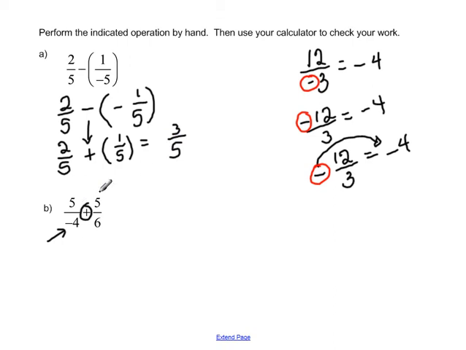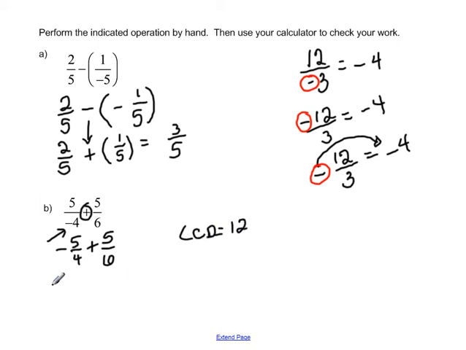Now we're going to do the same thing with this problem down here. We're going to move the negative out front, negative 5/4 plus 5/6. Well, with this problem, we're going to need to find a common denominator, right? So when we look at our two denominators, we've got the 4 and the 6, so the LCD is going to be 12.